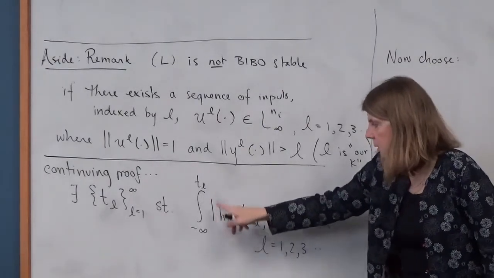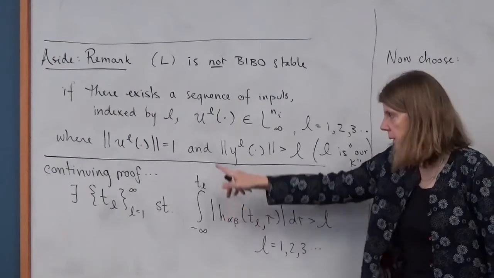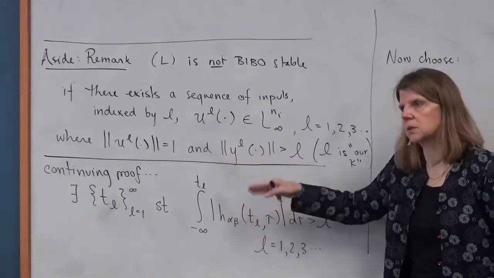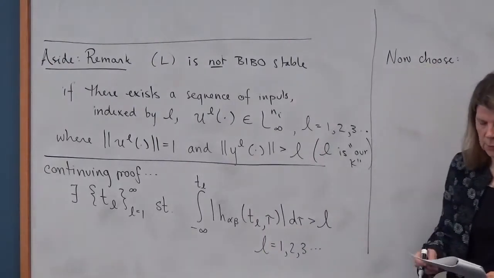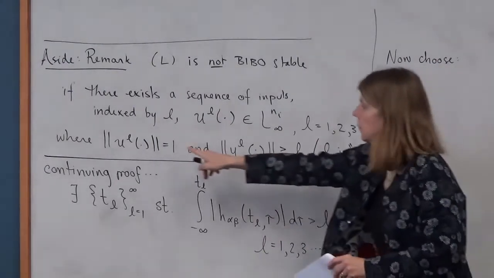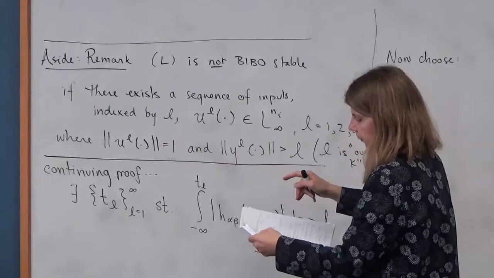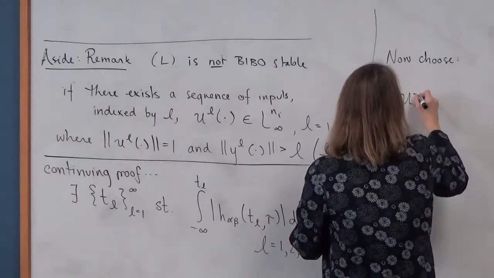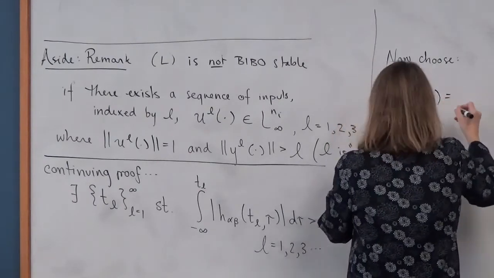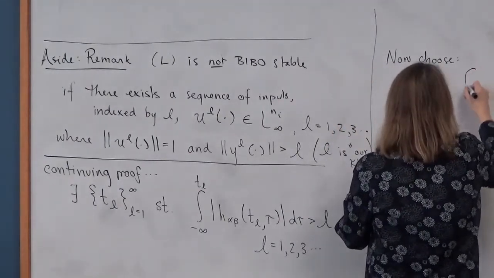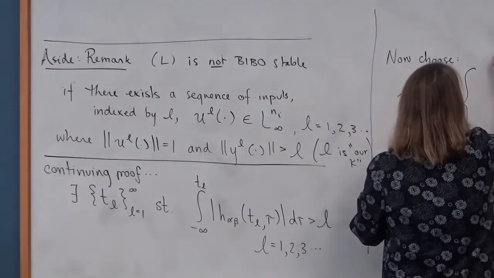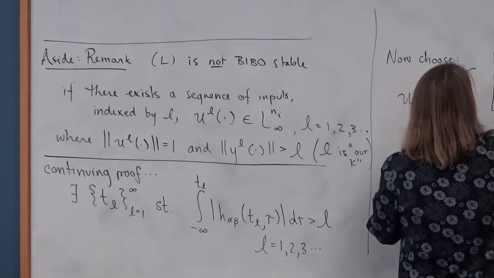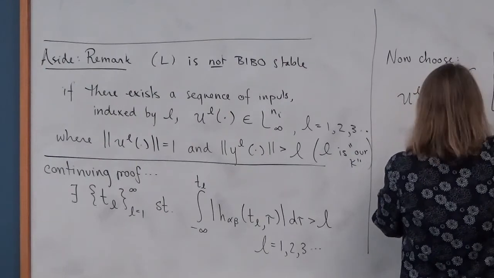So you can see me starting to construct a sequence here that's going to relate to what I need to do. This is a little artificial because of what I need to do. Now I'm going to choose a sequence of inputs such that their norm is 1. So u sub L of t is going to be equal to a vector where all of the elements are 0 except the beta'th entry.